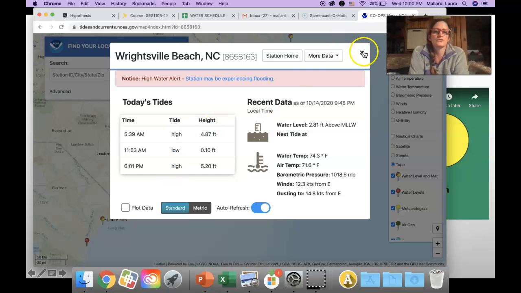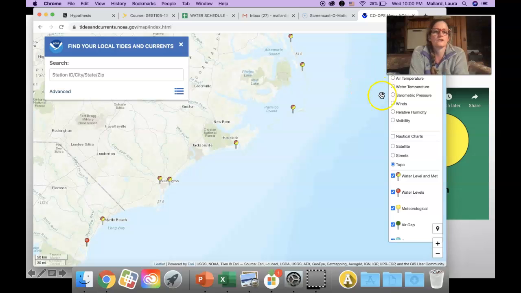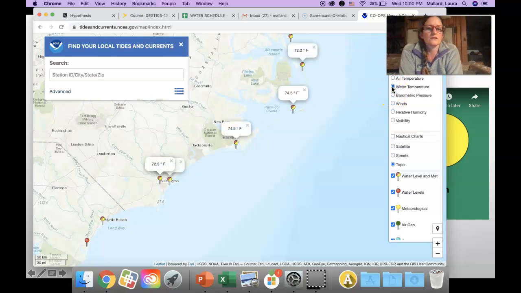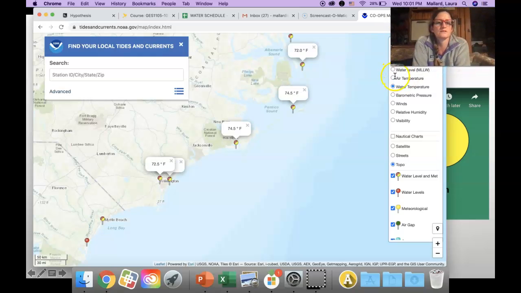You can also turn that on over here by clicking on wind and getting wind speeds, water temperature. So it's in Fahrenheit, it's in the low 70s. Probably pretty chilly, seeing as the air temperature is only in the mid 60s. So check that out if you want to. It will give you some tide information.